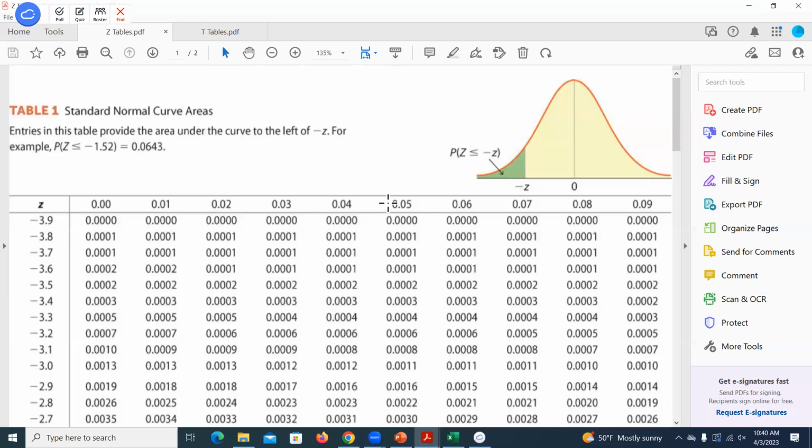So notice here, whenever my test statistic is to the right of my critical value for a right-tailed test, what's in my rejection region? I should reject. But notice, if my test statistic gets smaller, what's going to happen to my p-value? Remember, the p-value is that area to the right of my test statistic.